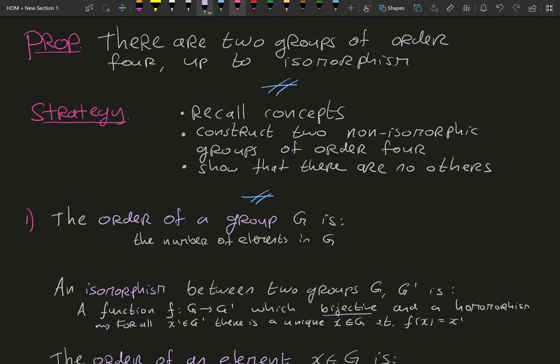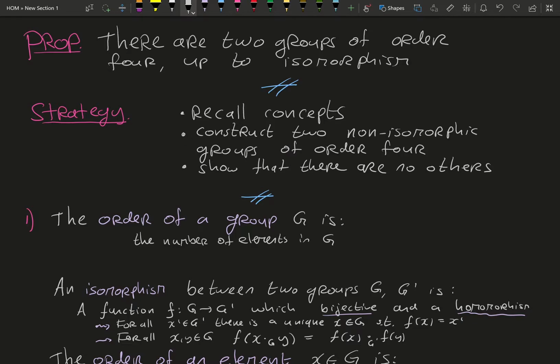And homomorphism over here means that for all x, y in G, you want to say that the function f preserves the group structure. So we say that f, and then here we have multiplication in G over here, and that is the same as first applying f to x, and then applying f to y, and multiplying now in G prime.